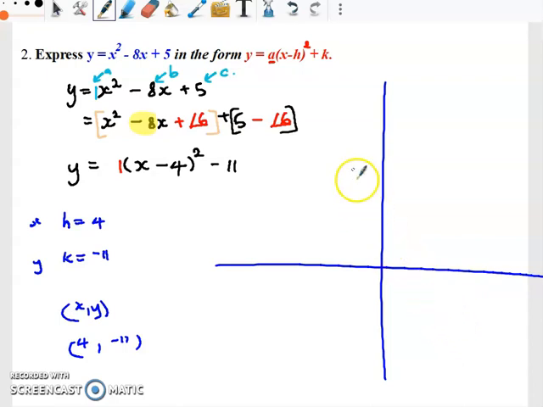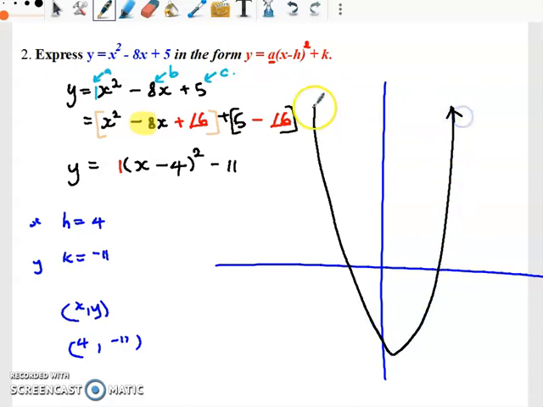So if you sketch a parabola like this, remember, not drawn to scale, not drawn to scale at all. You sketch a parabola, not drawn to scale, and the vertex would be right here. Let me use a different color for that. The vertex would be down here.